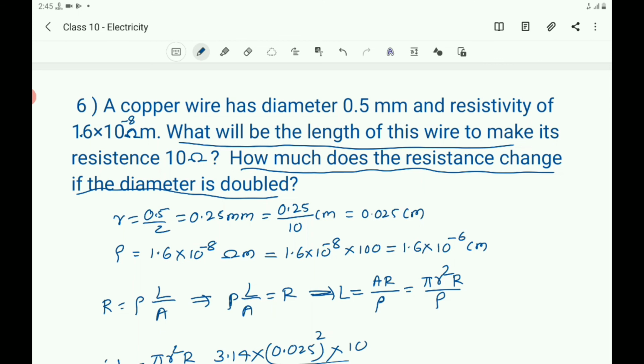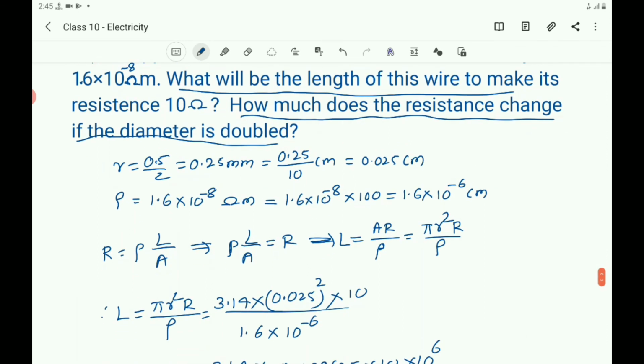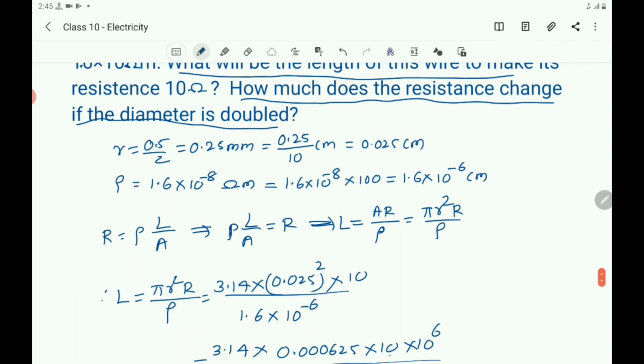Let us try here. You know that R equals ρ into L by A, and A is πr².